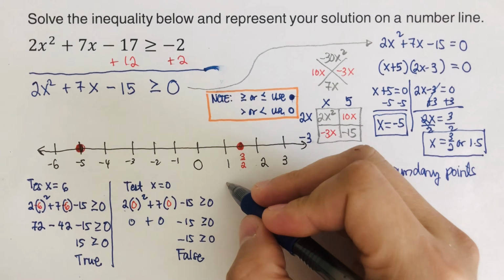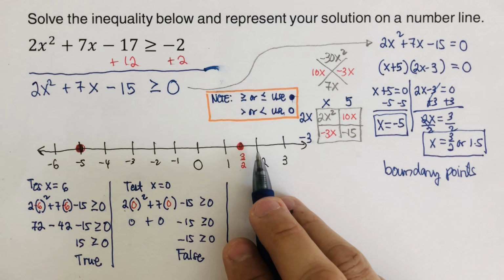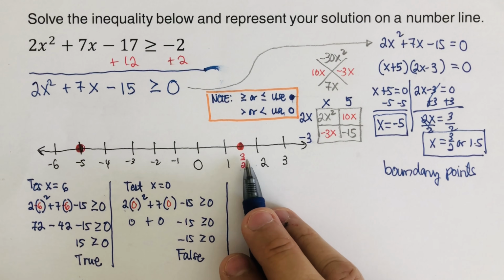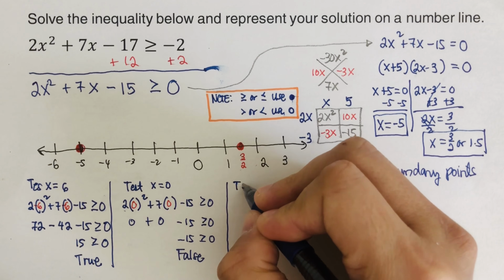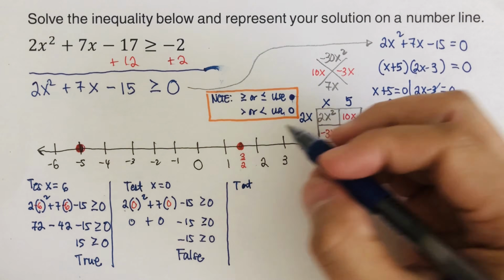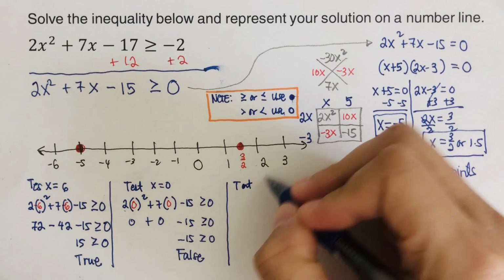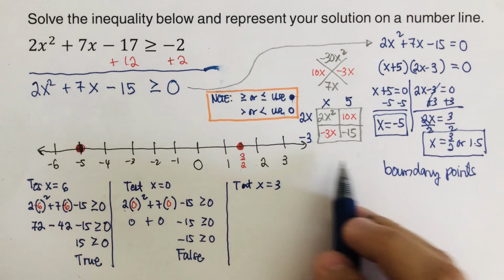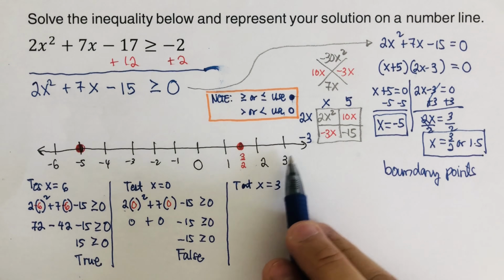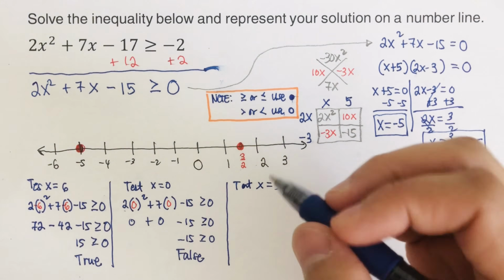Now let's test the right region, which is anything bigger than 3/2. Let's just say x is equal to 3. You can use other numbers bigger than that; that should be fine.